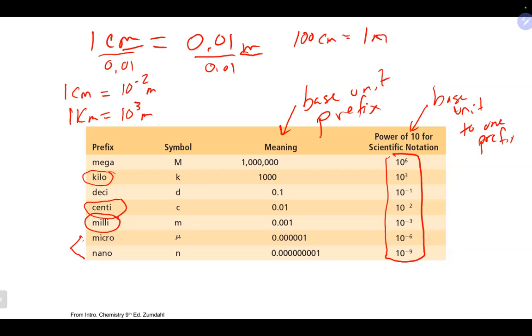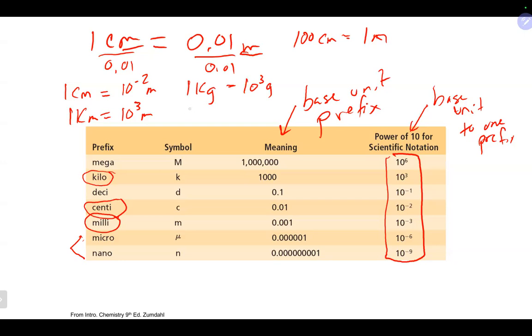The other thing that sometimes people don't tie together is it really doesn't matter what the base unit is. The prefix is the same no matter what the base unit is. So what I mean by that is 1 kilogram would be 10 to the 3 grams. So it's the exact same relationship, just the base unit changes.